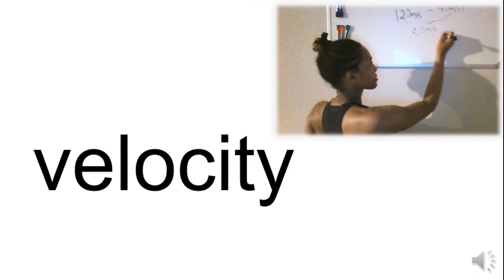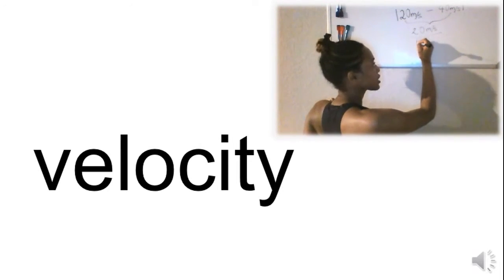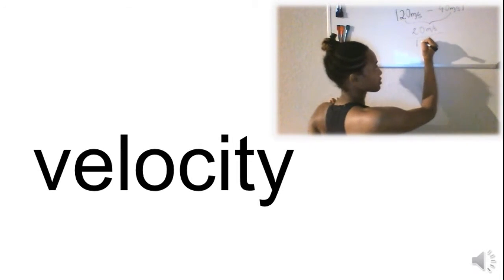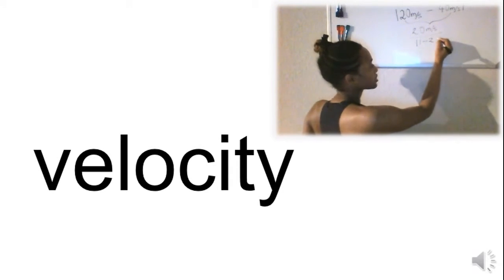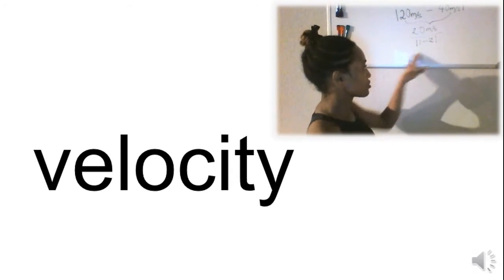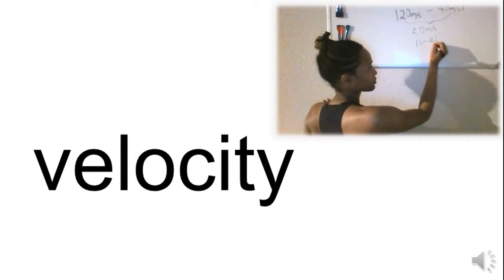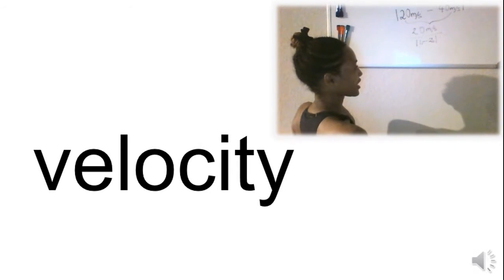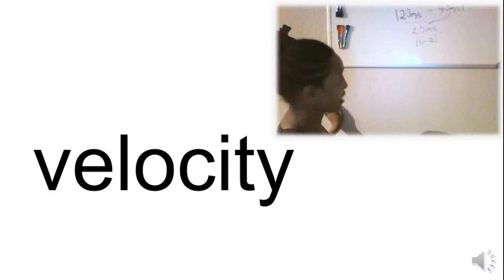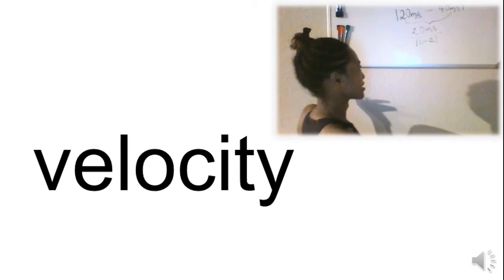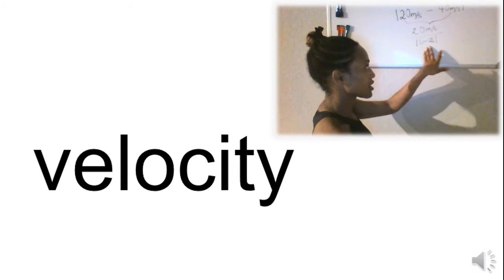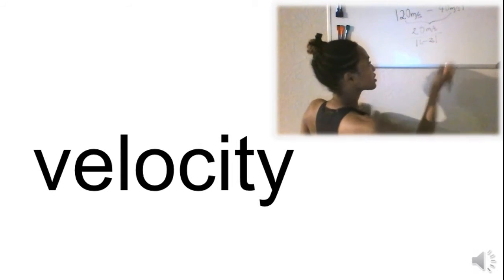Our change in time is simply going to also be the absolute value of the difference in time. So 1 minus 2 seconds is going to be negative 1 second, which is, I think, impossible, at least in the limitations of my mind it is. But the absolute value of negative 1 second is 1 second.